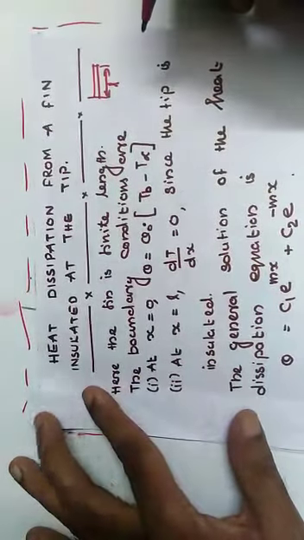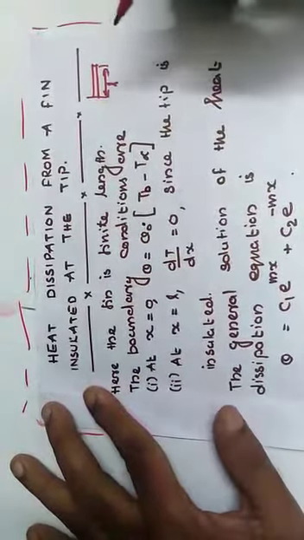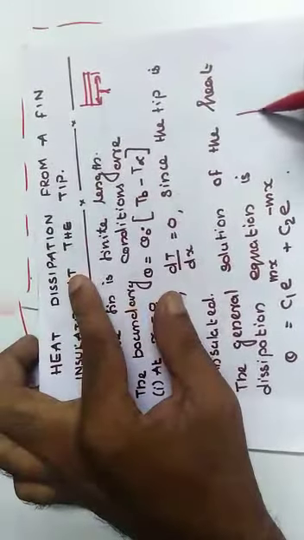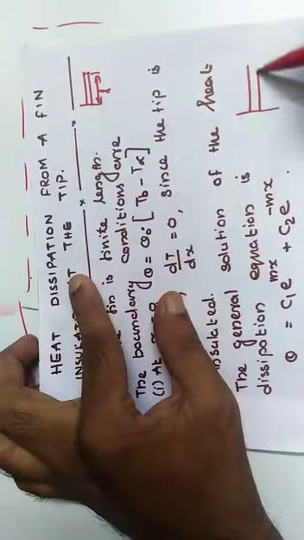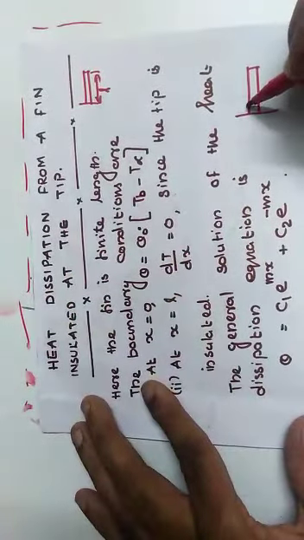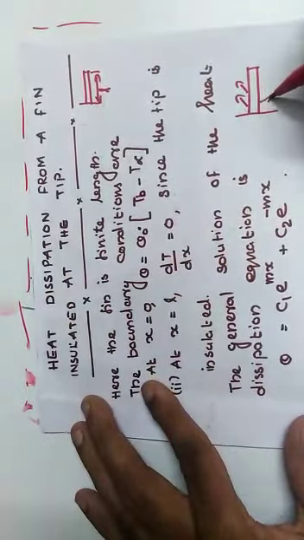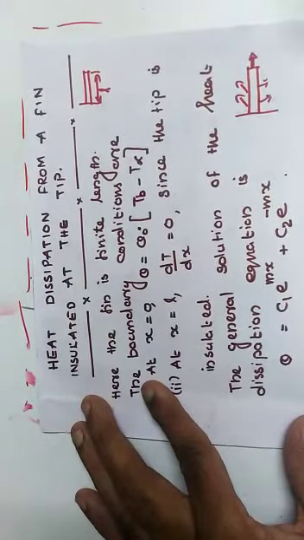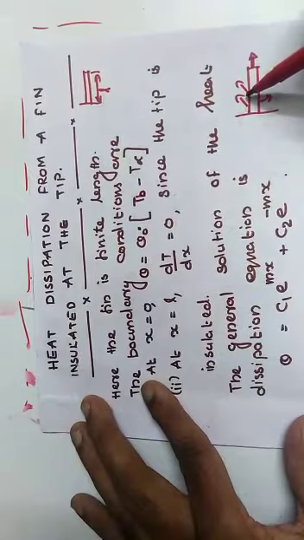Now, the issue is, if you take the heat transfer rate through a fin of finite length, there will be heat transfer from this curved surface and through this face. You have to calculate the heat transfer rate through this curved surface as well as the face.